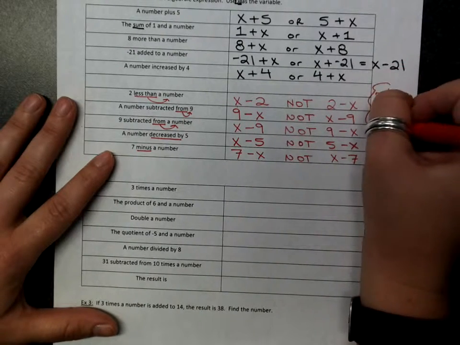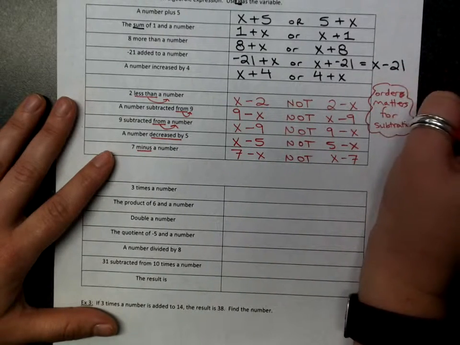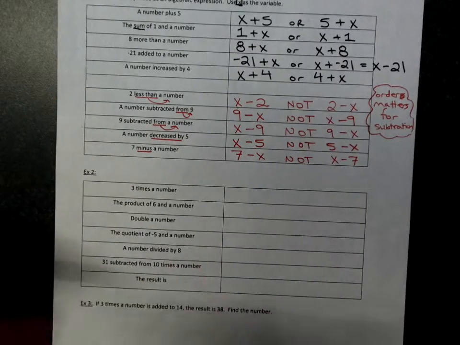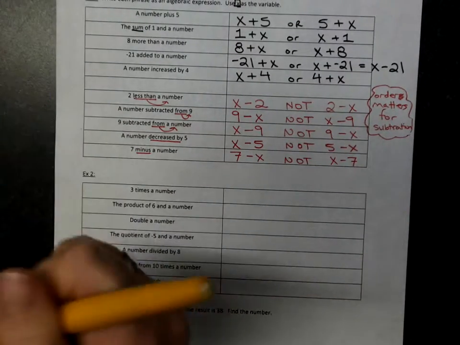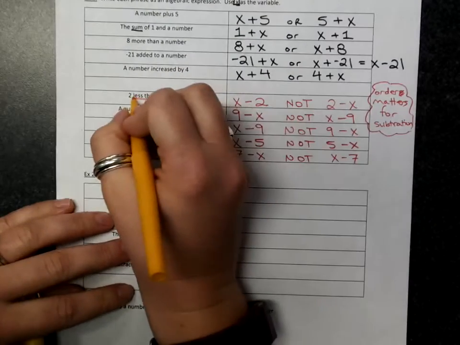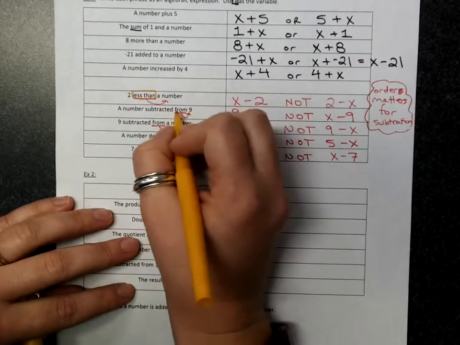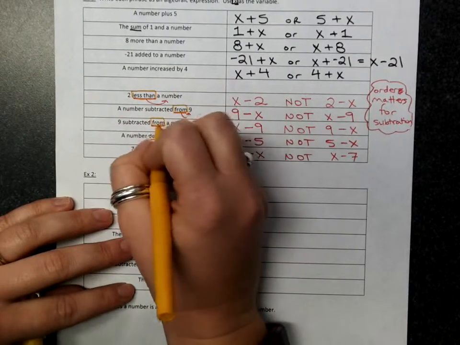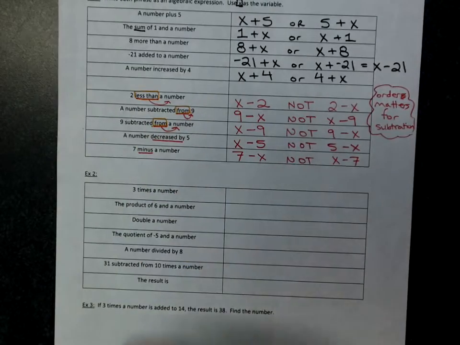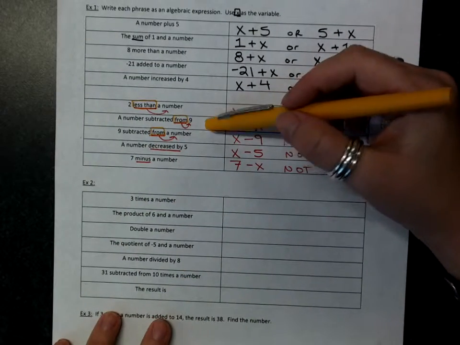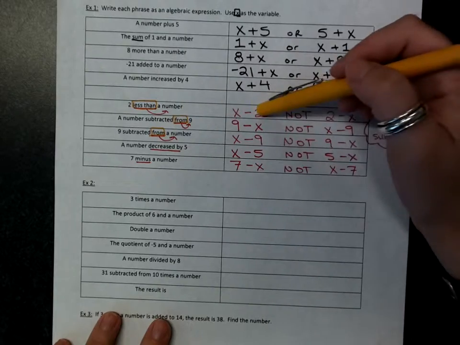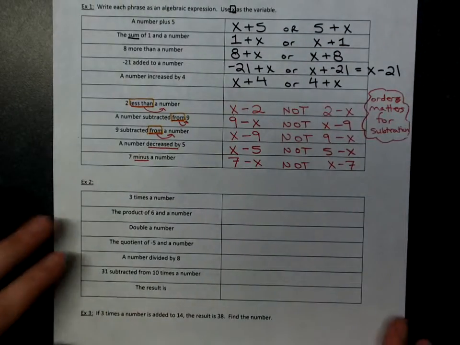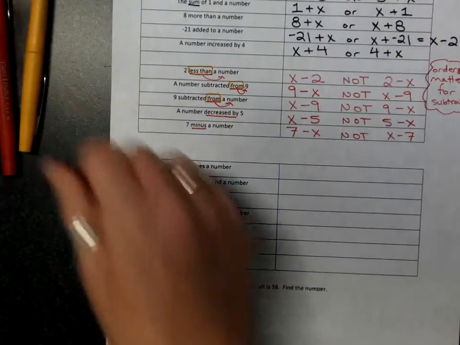So again, order matters for subtraction. And the two phrases that get switched around are when you see the phrase less than and when you see the word from. Those two key phrases tell you to switch the order, put whatever's second first. And you'll get used to that as we see different examples.